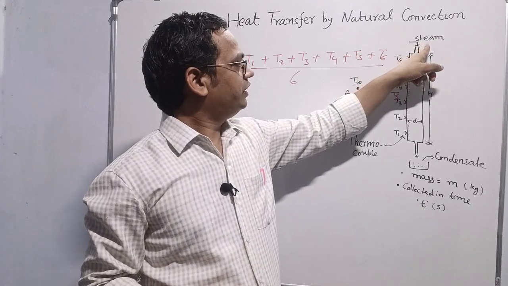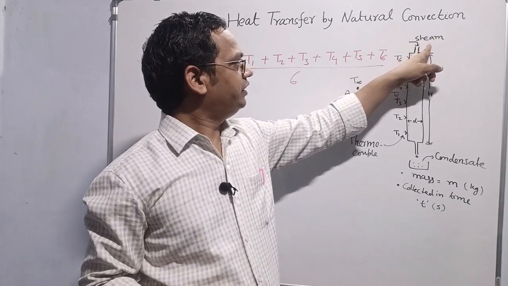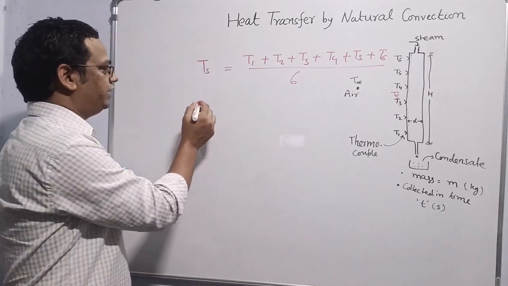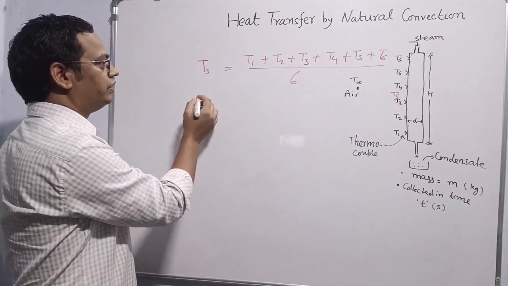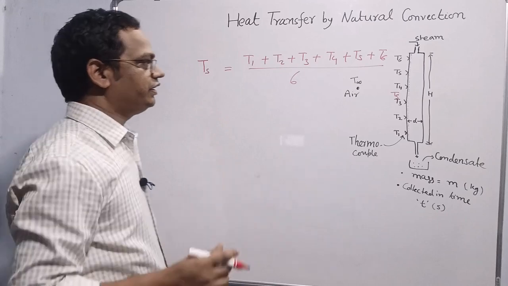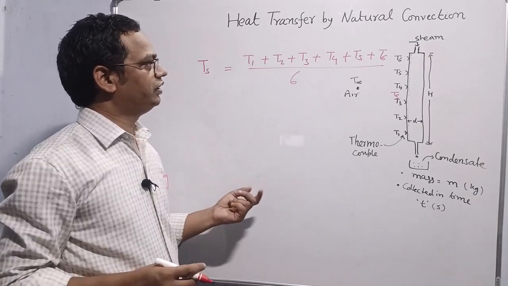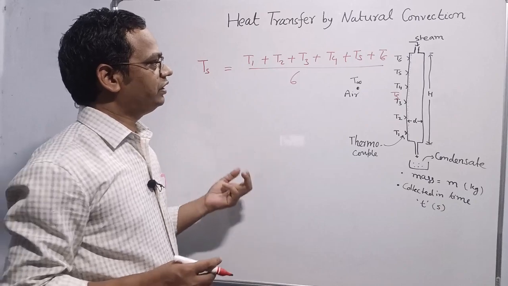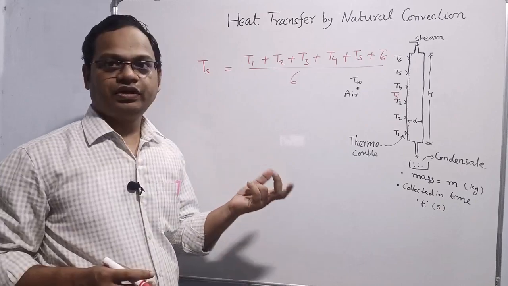Now we will find the heat lost by the steam, latent heat, in the condensation process. So that will be the latent heat of the steam, or we can say the latent heat of vaporization of water. Both are the same. Either we can say latent heat of steam or latent heat of vaporization of water.